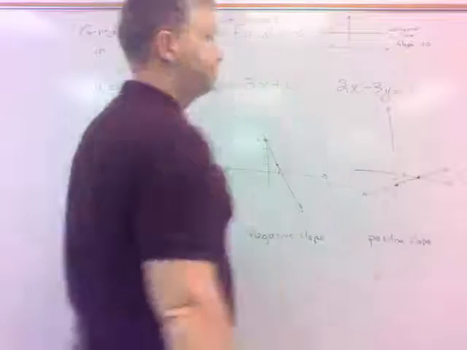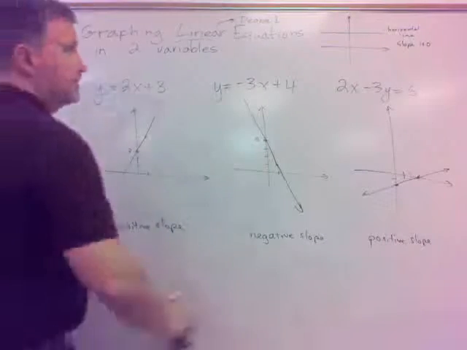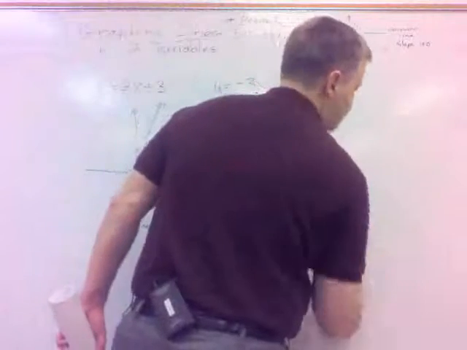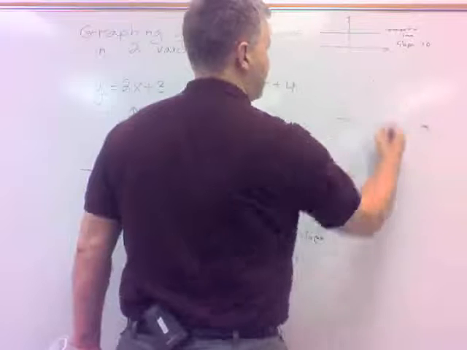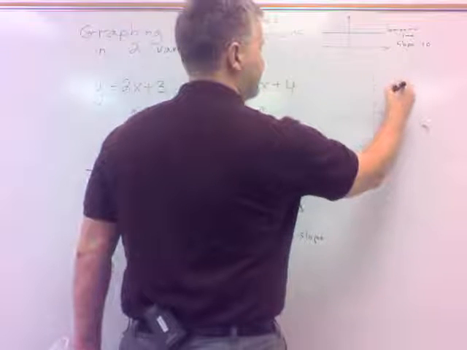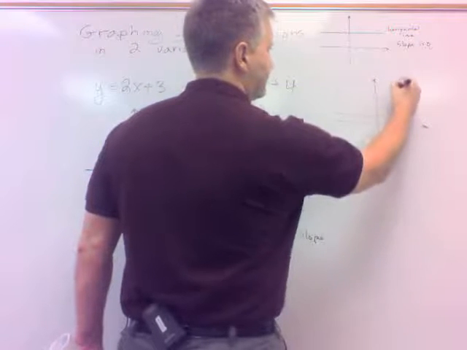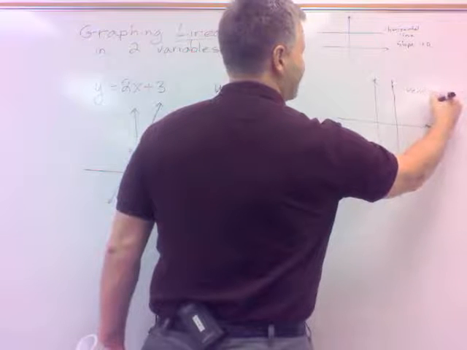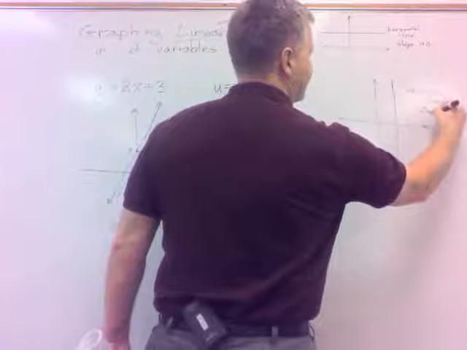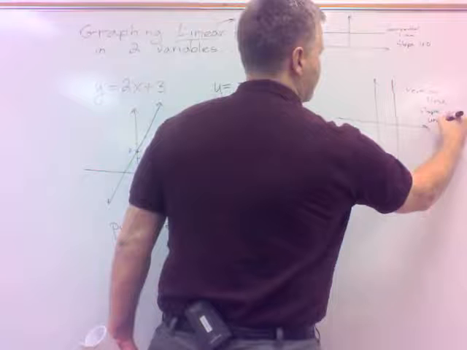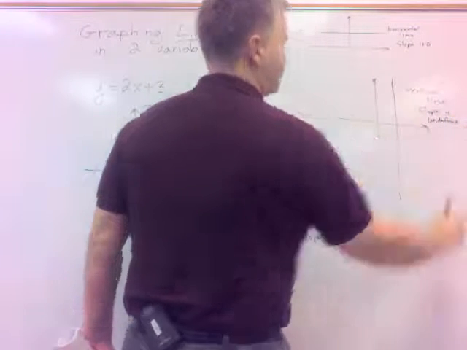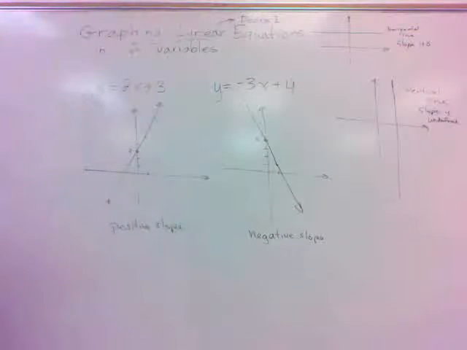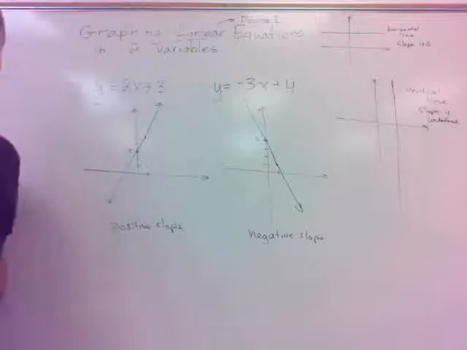And the other is the vertical line, straight up and down, and what slope is it? Anybody? Undefined. So positive, negative, 0, undefined.